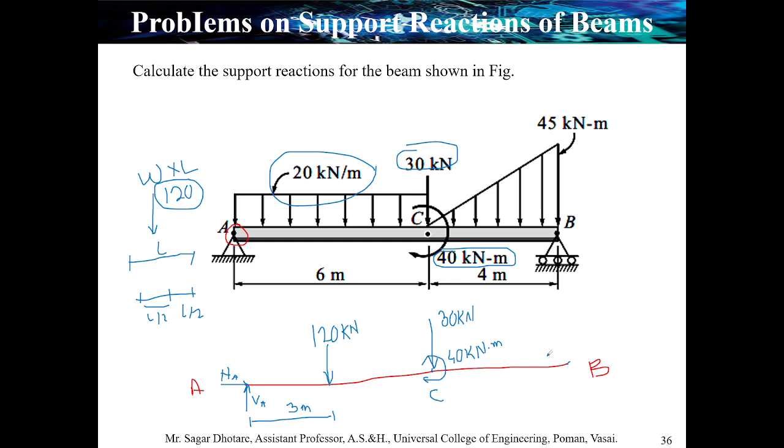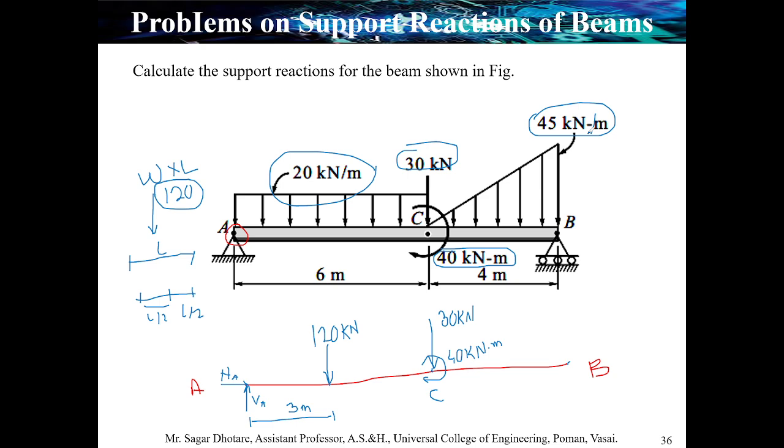Now, the next remaining load is 45 kilonewton per meter. Okay, so we need to convert this total force, that is a uniformly varying load. This kind of load is a uniformly varying load.